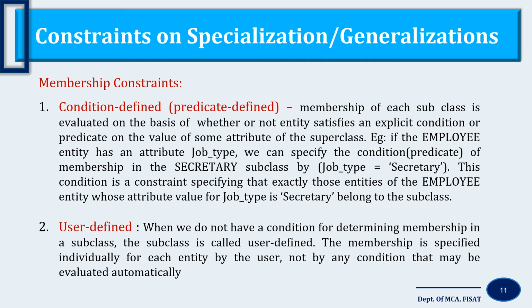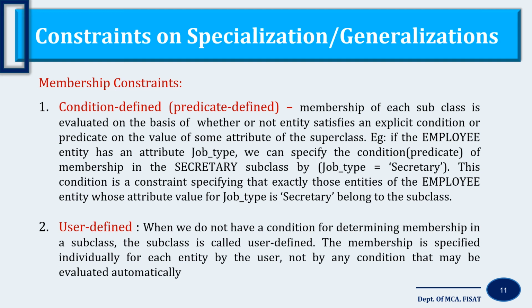The second type is user defined. When we do not have any condition for determining the membership, then the subclass is called user defined. Here the membership is specified individually for each entity by the user, not by any condition that may be evaluated automatically.